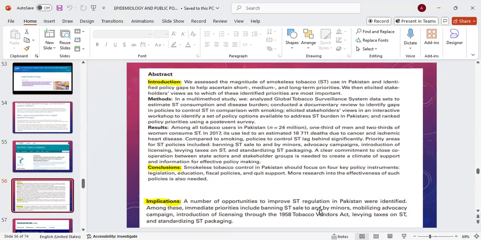Among these, immediate priorities include banning smokeless tobacco sale to and by minors, mobilizing advocacy campaigns, introducing licensing through the 1958 Tobacco Vendor Act, levying taxes on smokeless tobacco, and standardizing smokeless tobacco packaging.